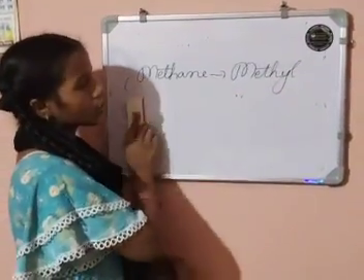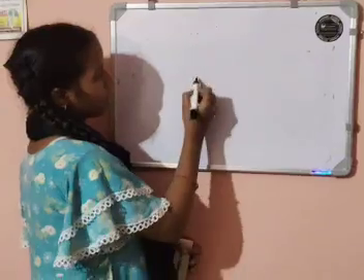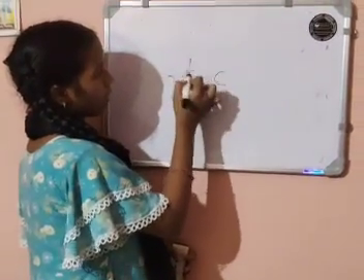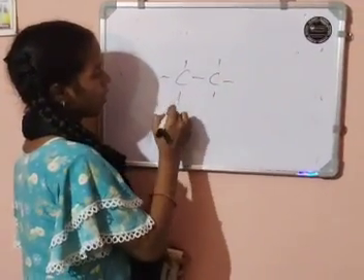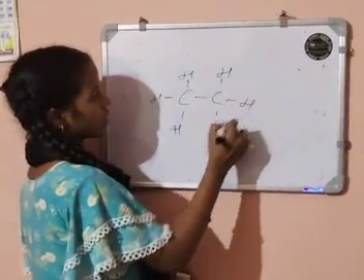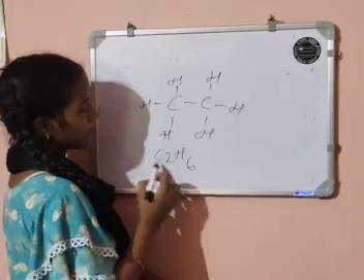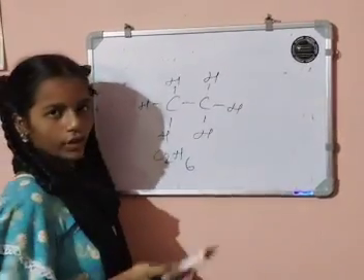Or why I chose only methyl, I will take one more example. C2H6 means ethane. You already know ethane.